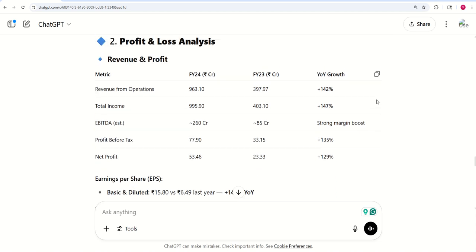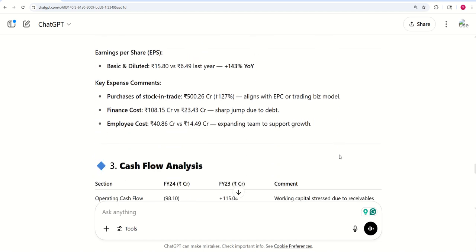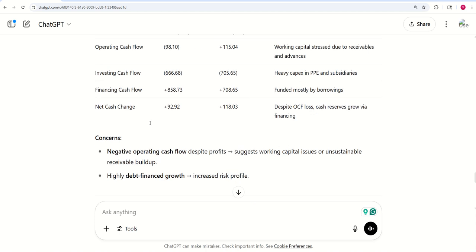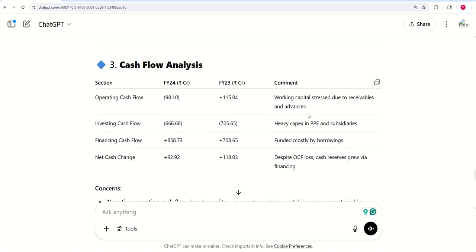P&L analysis: revenue and profits have both increased. Finance cost, okay. Employee cost, okay. Then cash flow analysis: working capital stress due to receivables and advances. There has been heavy capex, which is funded by borrowings. Despite operating cash flow being negative, cash grew because of financing.